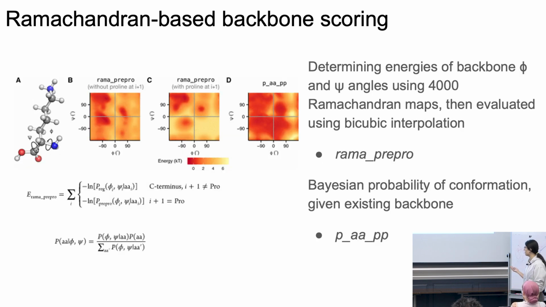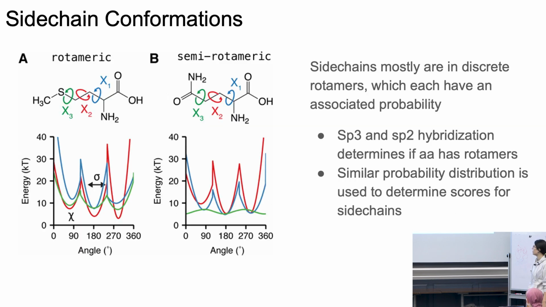And we also talked about torsion, and we know for alpha helices the ideal coordinates and what the torsion energy should be, or exactly how to idealize those coordinates so that it minimizes the overall energy term. And then the sidechain conformations.